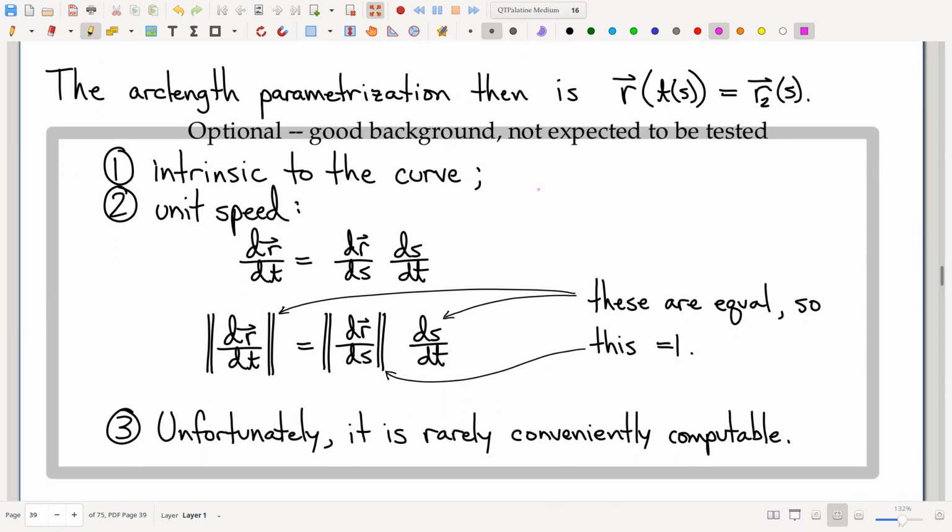It's mathematically nice in some neat ways. My favorite of these points is this one right here. It's intrinsic to the curve. If you take a road trip, let's say we drive from here to Raleigh, get on 40, off we go.